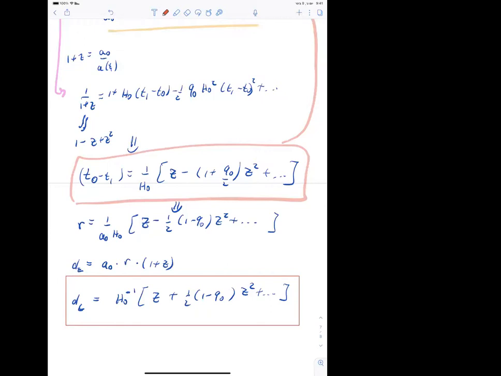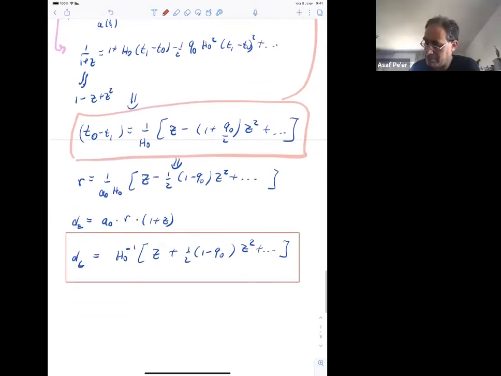Hubble distance? Nearly. This is Hubble's law. Because this is exactly what Hubble did, essentially. Back in 1929, so nearly 100 years ago, he measured the distance to galaxies, and he measured the redshift, and he discovered this law, that the distance is proportional to the redshift.